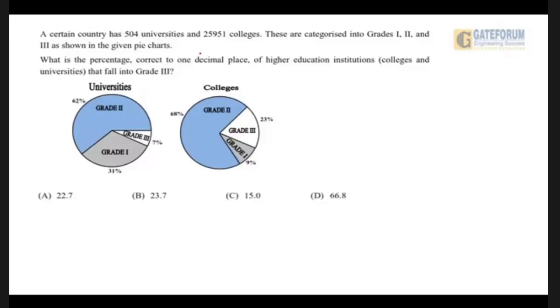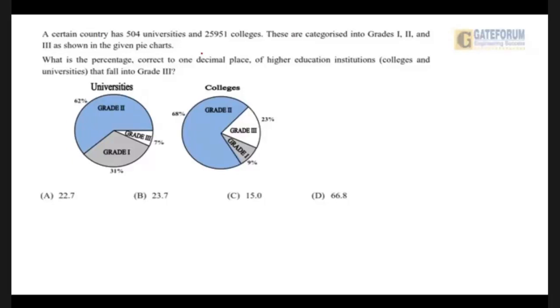Take a minute and try to solve it. Our matter of interest is this grade 3, which here is 7% and here is 23%. So what are we going to do?